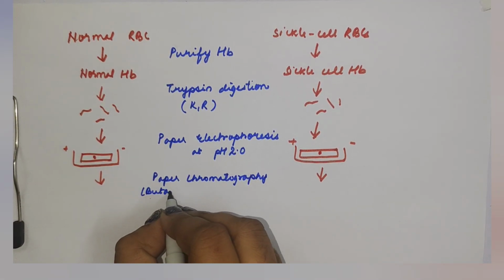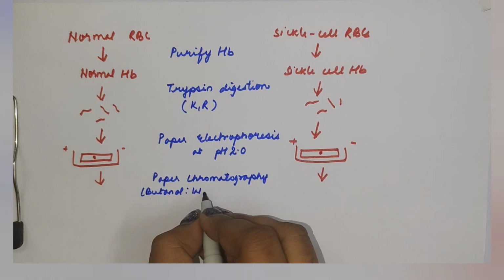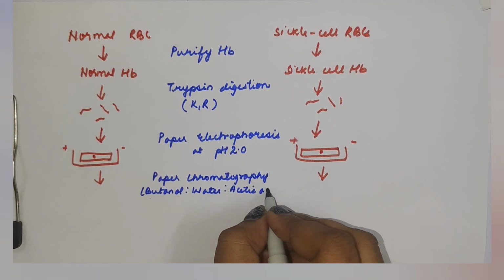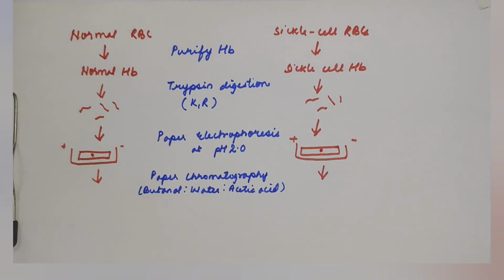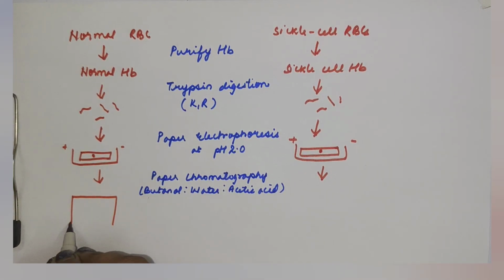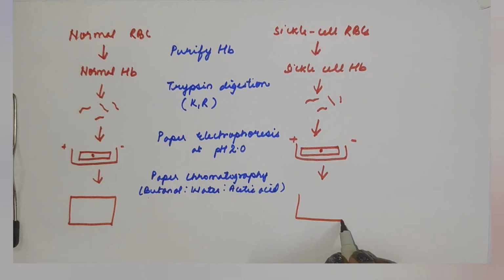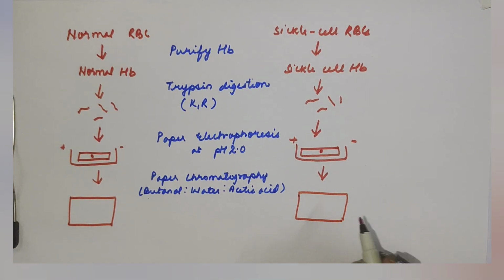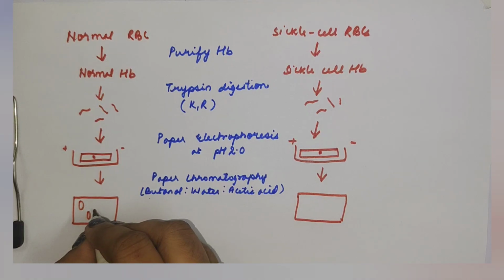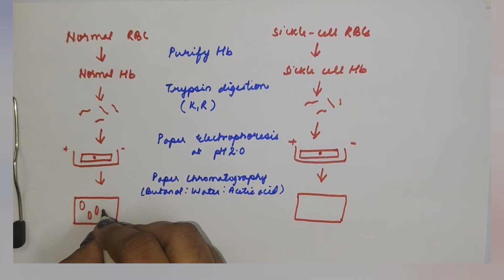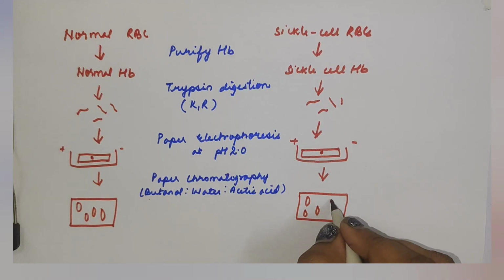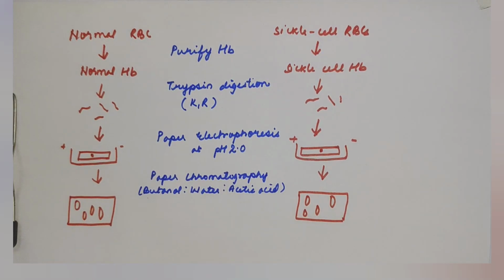Now, after the peptides are released, paper electrophoresis will be done at pH 2.0. This paper electrophoresis will be done on Whatman filter paper, where the samples will be placed in the middle of the paper, and the peptides will move towards their respective electrodes upon application of the electric field.